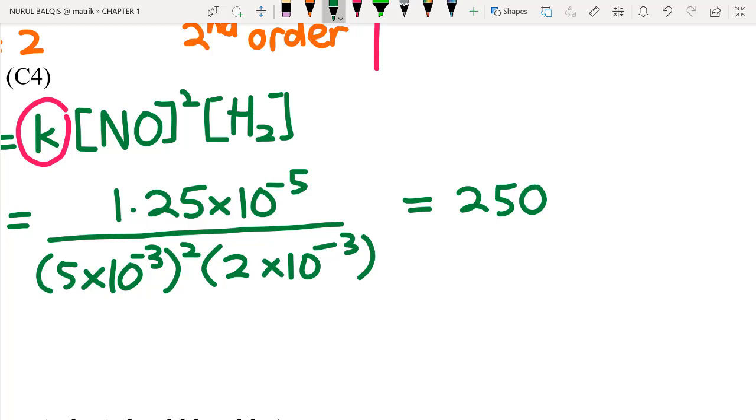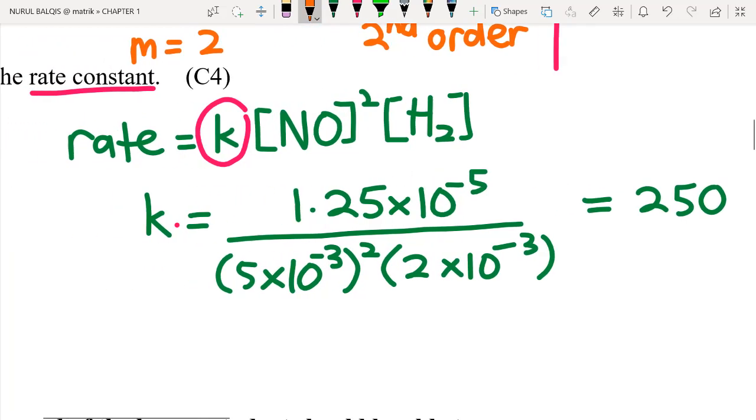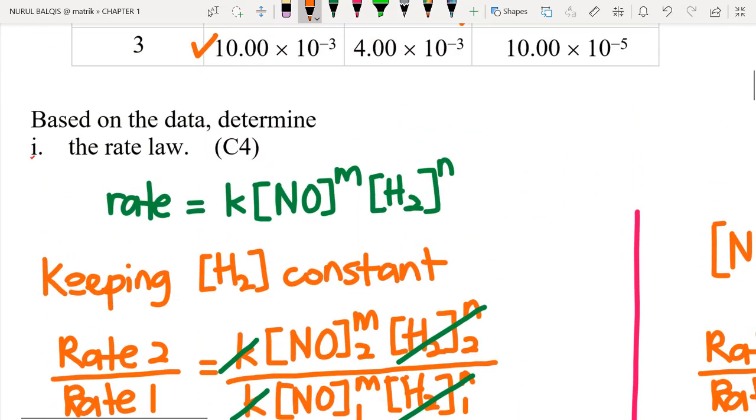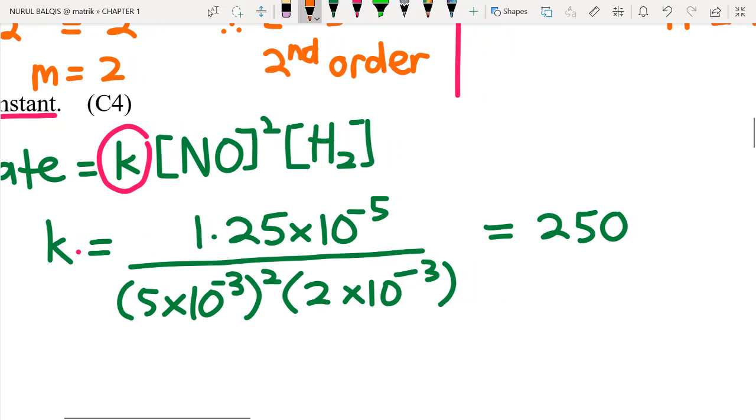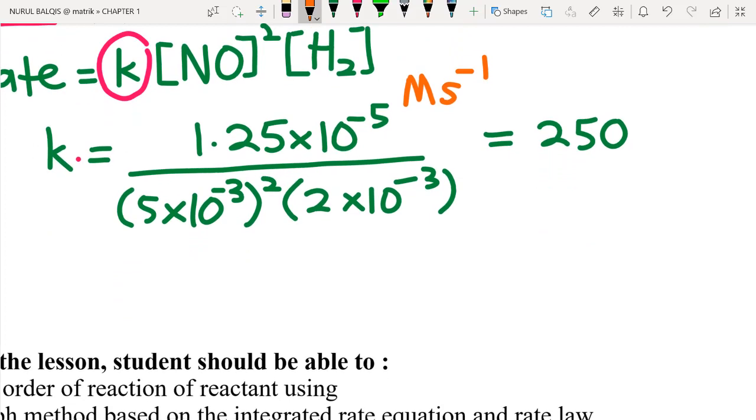Okay, lastly, our final answer would be 250. So what about the units? So let's check together. Since our rate is in molar per second, we have here molar per second, and for these concentrations to the power of 2 we have molar squared. For this one we have molar. So now we can cancel out this molar with this molar.